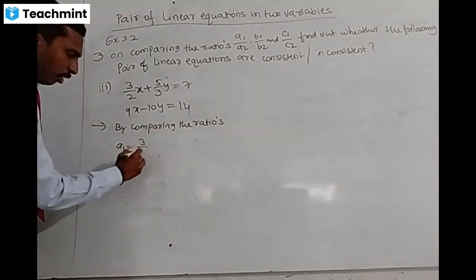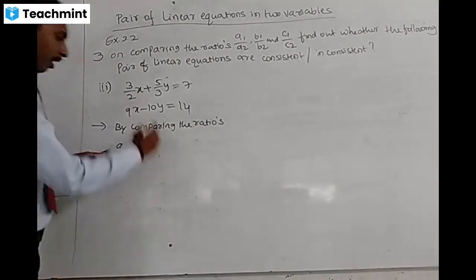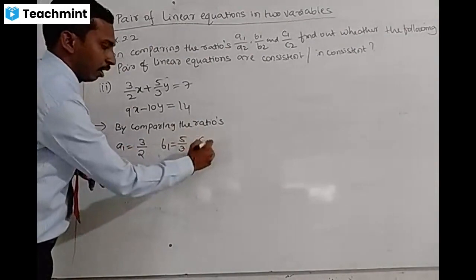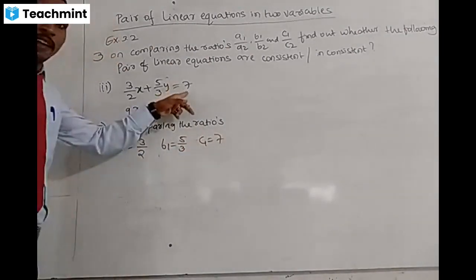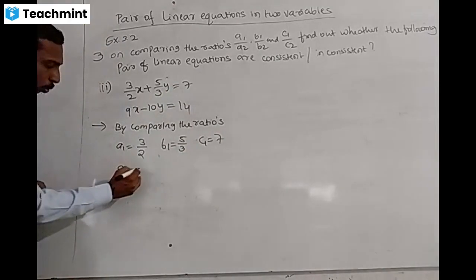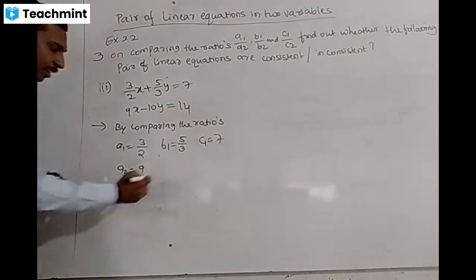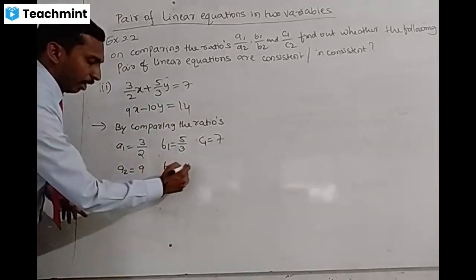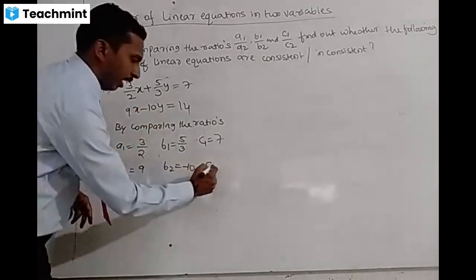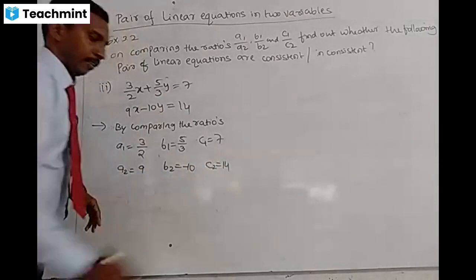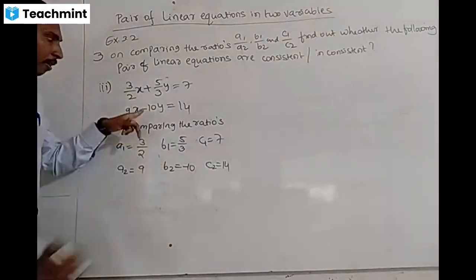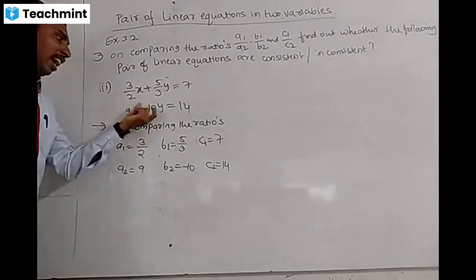It will be 3 by 2. What is B1? 5 by 3. And C1 is 7. And now, what about A2? A2 is 9. B2 is minus 10. And now C2 is 14.